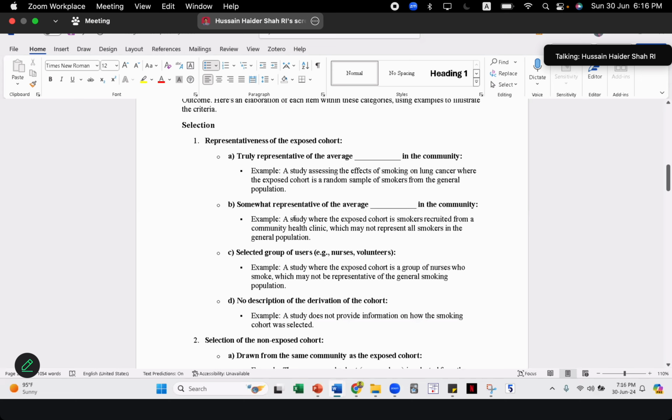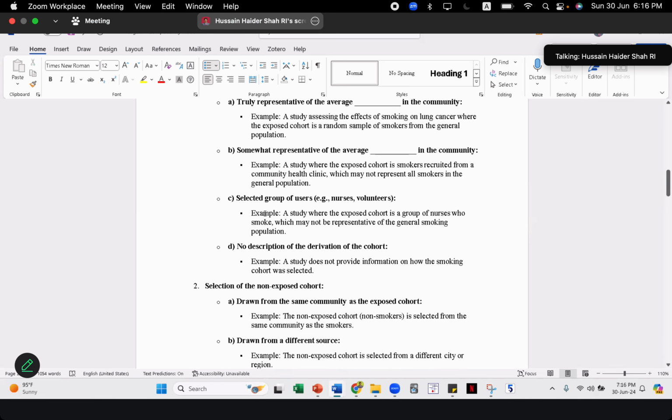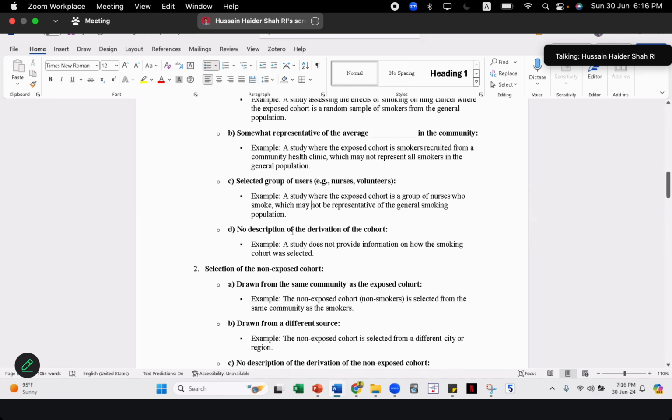If it was another study, in which the exposed cohort, the smokers, were recruited from a health clinic or any specific clinic which is not the true representation of the general population, it will be a somewhat representation. But again, in option C, a selected group of users, for example, nurses. For example, in the study, we are picking the cohort which is a group of nurses who smoke. Those are smokers, but those are not the true representation of the general smoking community or the population. So it won't get a star.